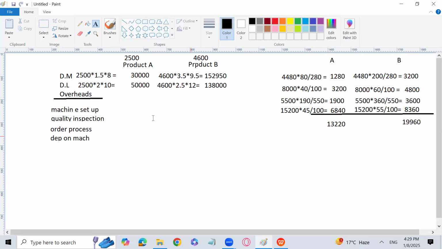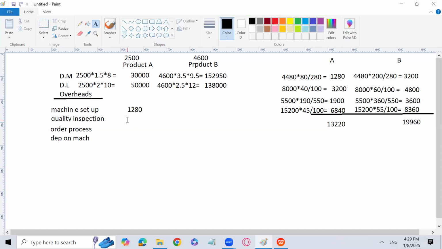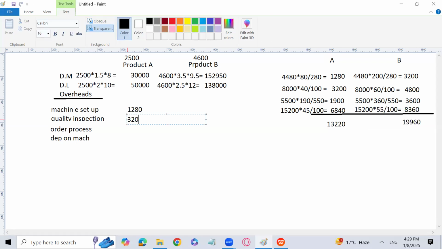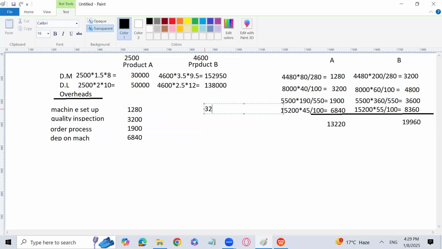Now I will write the amounts over here. For machine setup, that is 1,280 for product A. Quality inspection, we have 3,200, then 1,900, and depreciation of machinery is 6,840. Then for product B, we have 3,200 for machine setup. For quality inspection, it is 4,800. For order processing, 3,600. And for depreciation, 8,360.